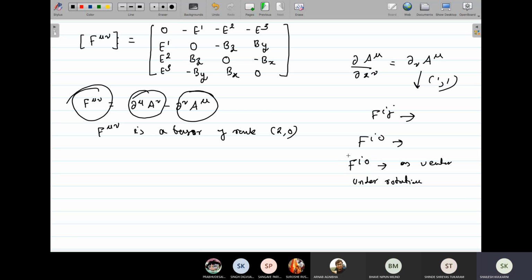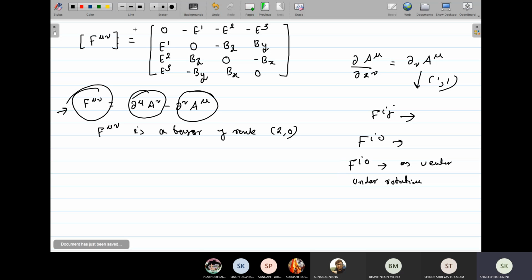Only when a vector transforms as a 4-vector under Lorentz transformation do you say that quantity is a 4-vector. So this F mu nu is a tensor. That is the important thing.